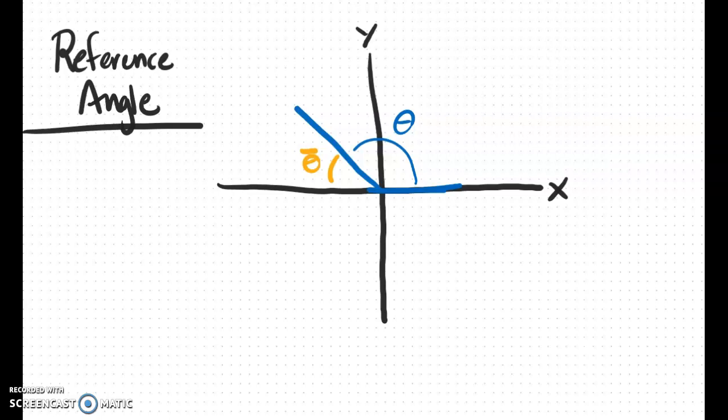Think about the definition. Let me write it on here. It is the acute angle. Remember, what's an acute angle?